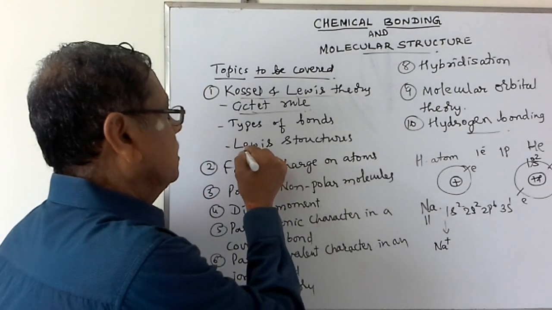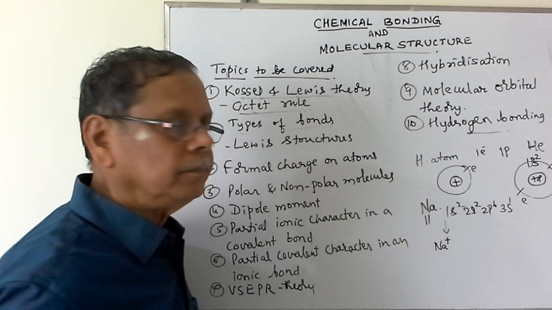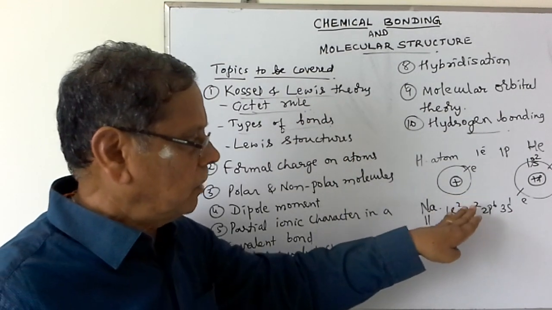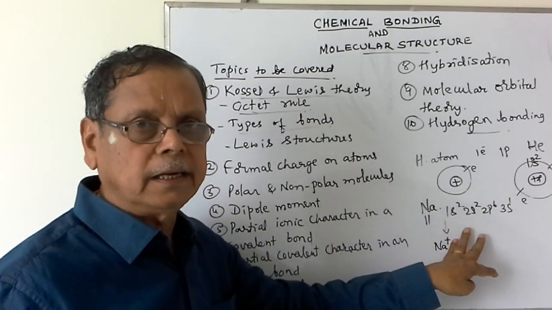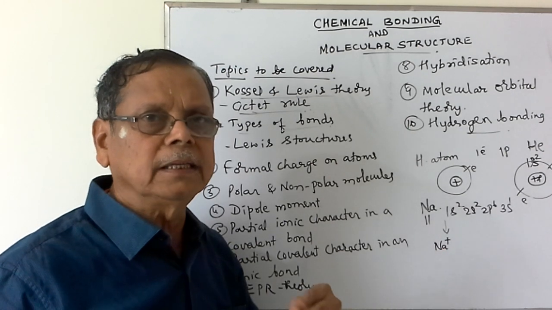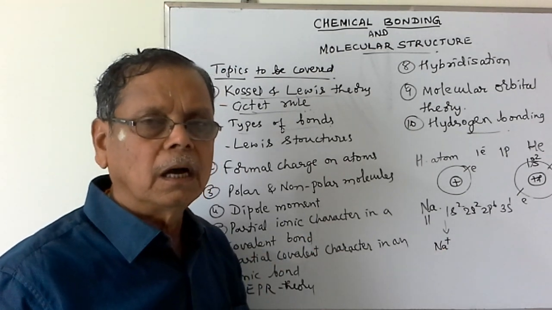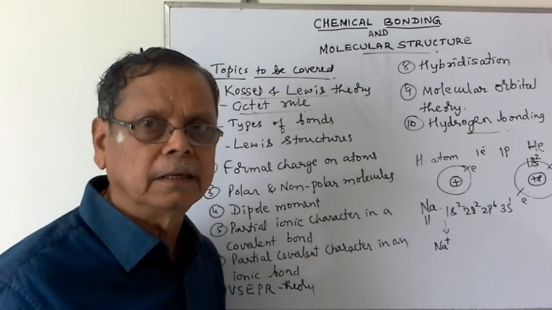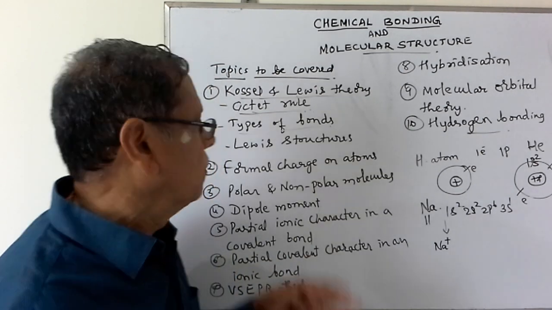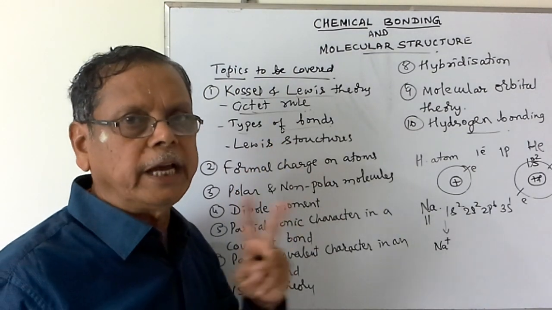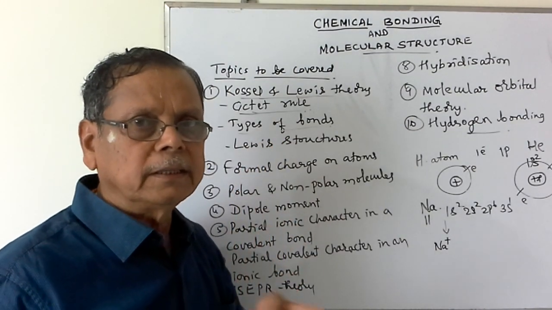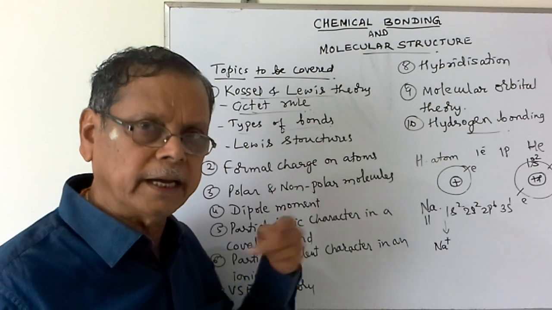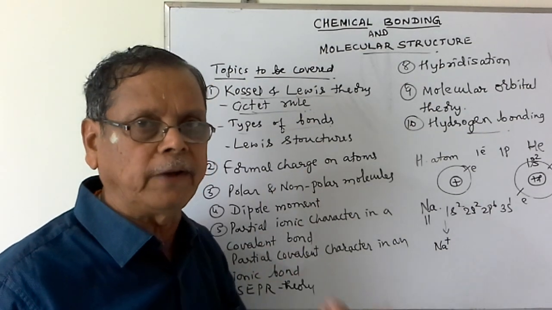Now, to explain these types of bonds: to attain the duplet or octet, an element either loses the electron, gains the electron, or shares the electron with the other element. Based on this, we have mainly two types of bonds. The third type of bond is again the donation of electrons, but a pair of electrons.